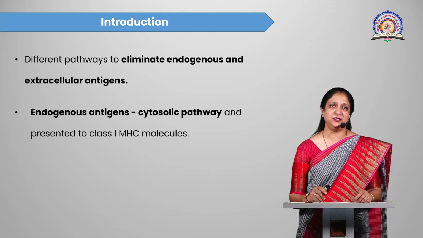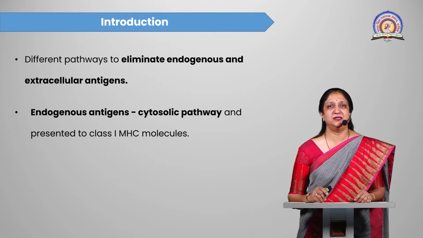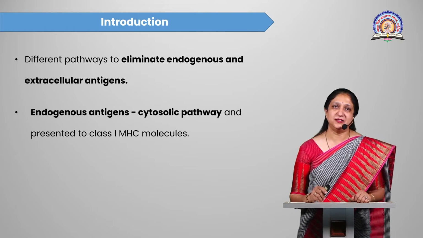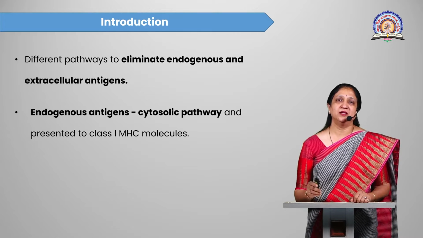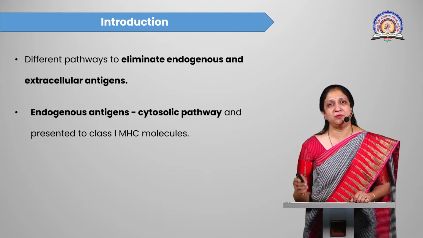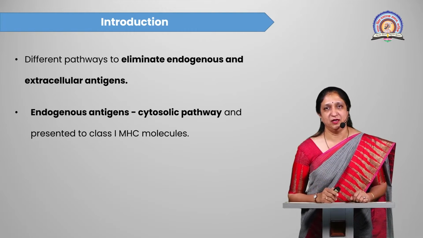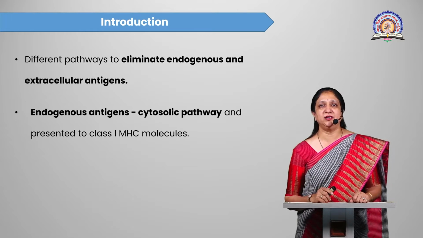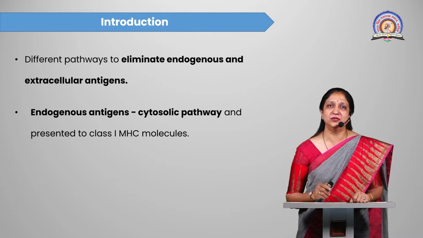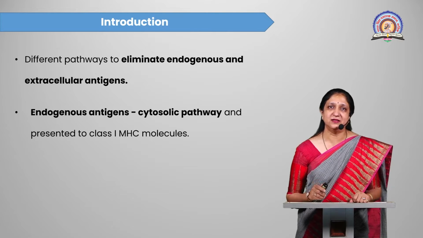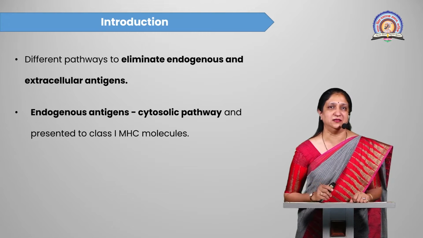Some of the antigens are referred to as the endogenous antigens, for example, when a viral particle enters into the body. This viral particle comes from outside into the body, but when it enters inside the body, it infects the host cell, and the host cell starts producing the viral antigens.